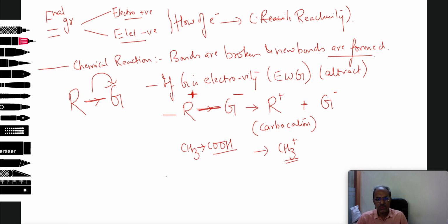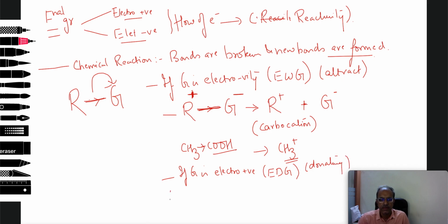Now similarly in the second case, if G is electropositive, that means electron donating group, donating to R. That means it will donate.